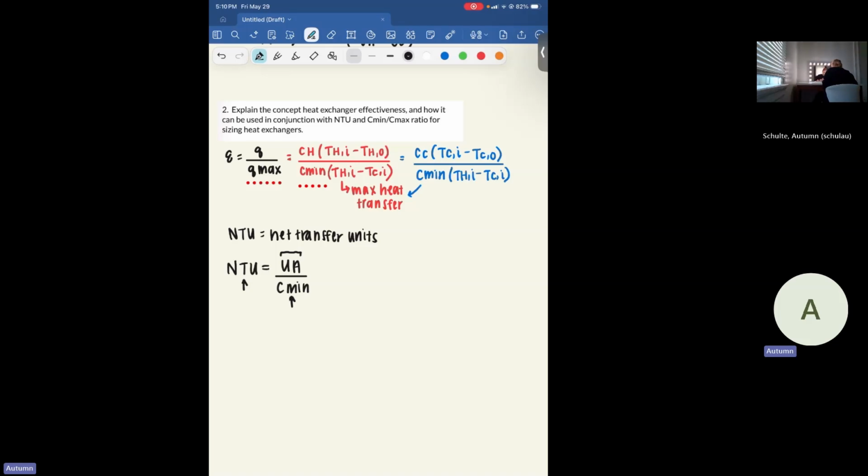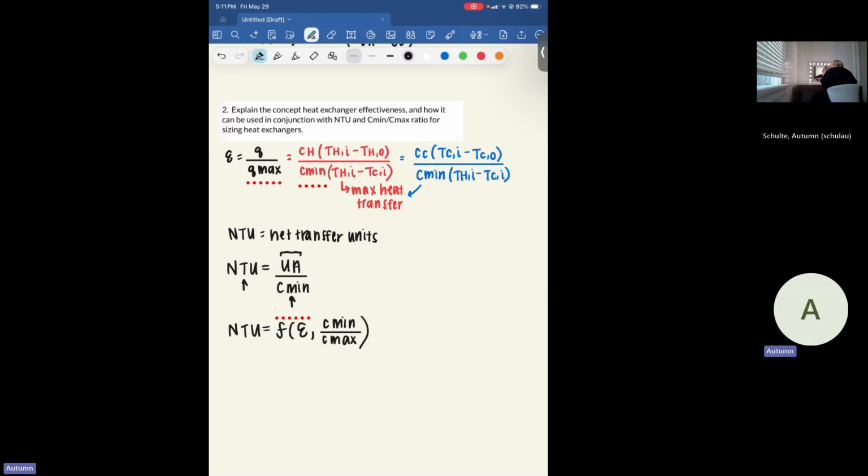And so where our ratio comes into play is that this NTU, our number of transfer units, can be related to a function of the effectiveness or efficiency of your heat exchanger and this minimum mass flow rate heat capacity over your maximum mass flow rate heat capacity.